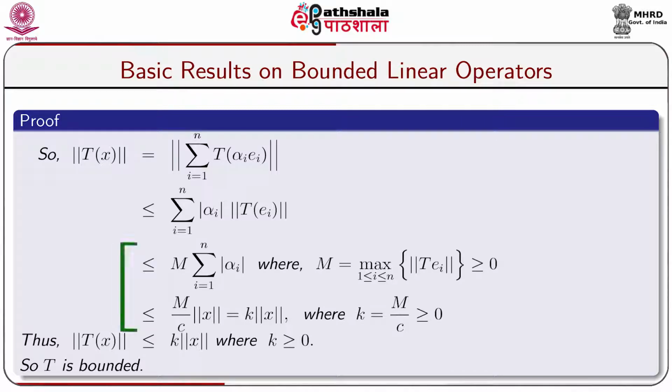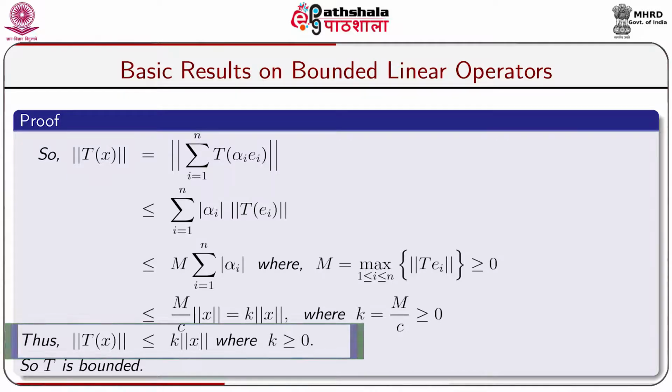And M into sigma i equal to 1 to n modulus of alpha i is less than or equal to M by c into norm of x, which is equal to k into norm of x, where k is equal to capital M by c, which is greater than or equal to 0. Thus, norm of Tx is less than or equal to k into norm of x, where k is strictly greater than 0. So T is bounded.